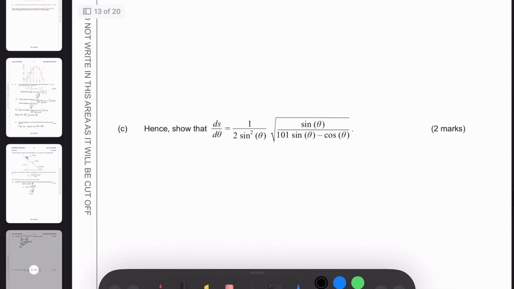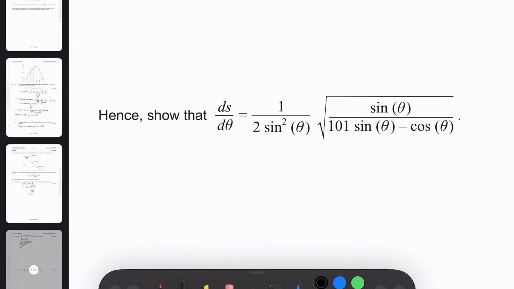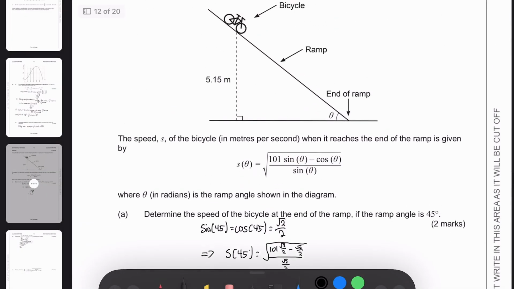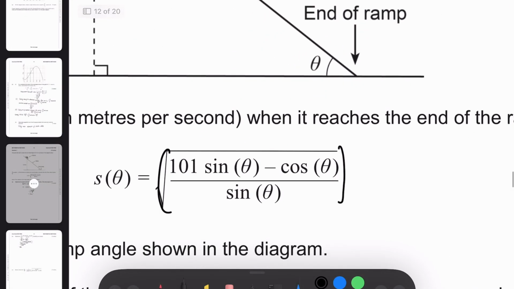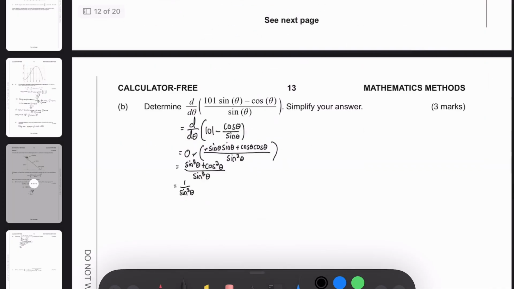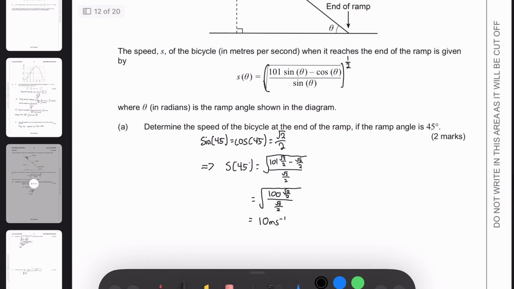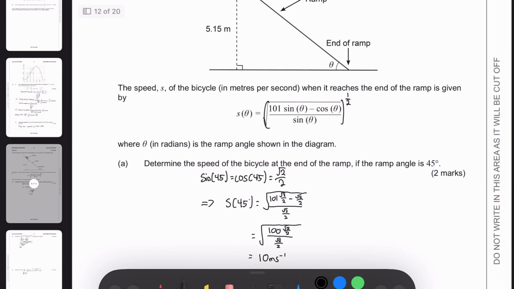Okay, so then ds d theta, what we can do is that since we know that s is all of this, we can actually put that in a bracket, and we can put that as 1 on 2, because obviously the square root is just whenever you have the exponent of a half. Okay, so then we can use our chain rule. So then ds d theta is going to be equal to 1 on 2 times all of the s stuff to the negative a half.